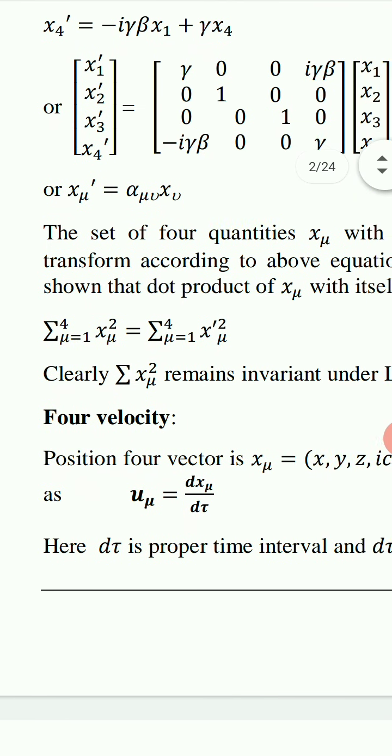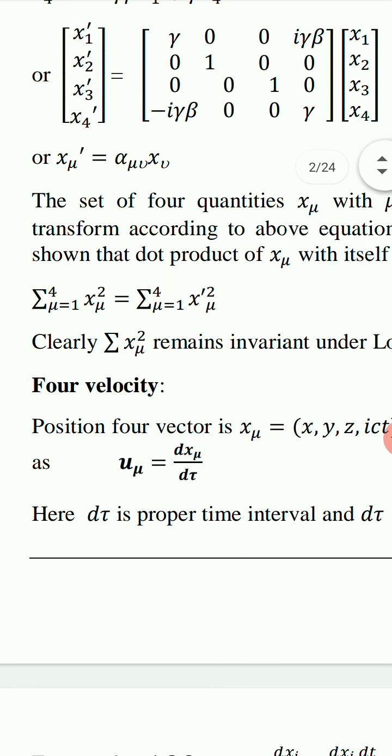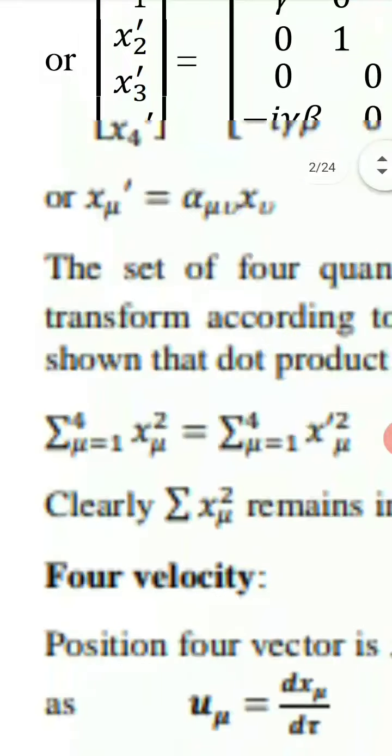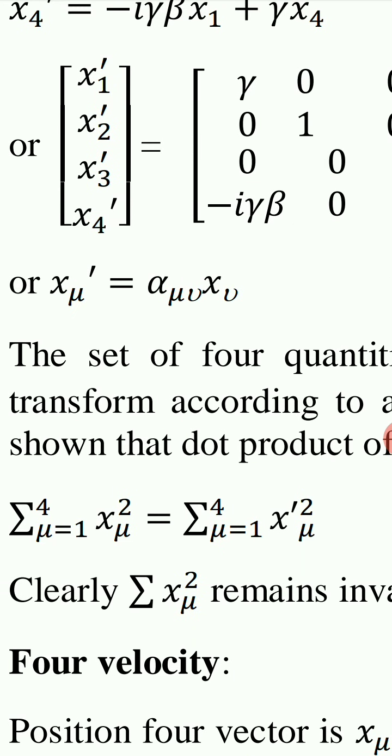This equation can be written in short form as x mu dash equal to alpha mu nu x nu.